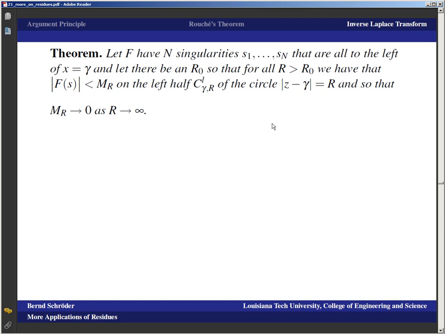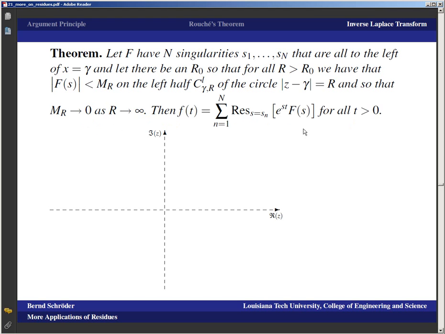So it's supposed to be bounded by that, and so that these M_R go to 0 as R goes to infinity. Then f(t) is the sum of the residues at s = s_n of the function e^(st) F(s) for all t greater than 0.